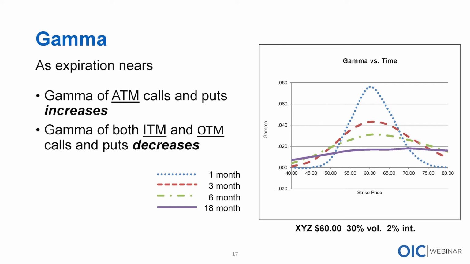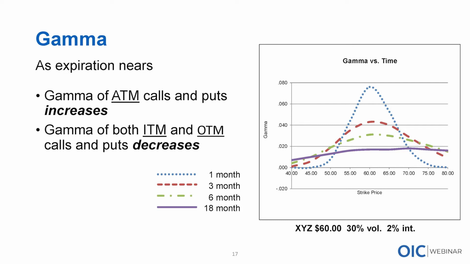You can see that the 1-month options have more gamma than the 3-month options, or the 6-month options, or the 18-month options. So the gamma, as we get closer and closer to expiration, gets higher and higher for the at-the-money strikes. If we had a chart of the weekly options that expire this Friday, the gamma would be even greater. It would be even more so.